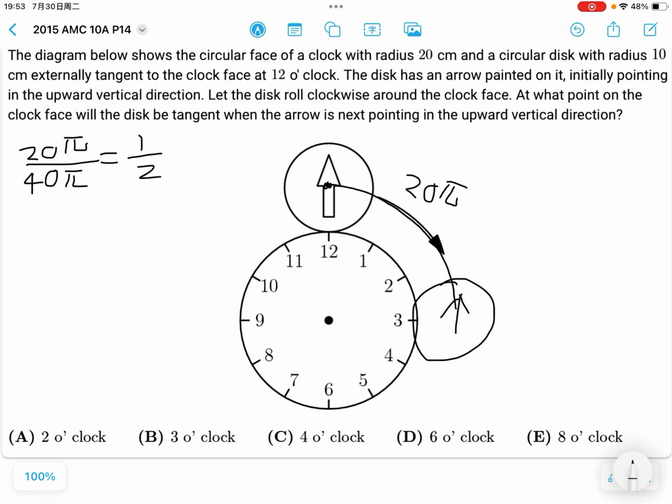So how do we calculate this? We know that the radius of our large circle here is going to be 30, because this is 10 and that is 20.